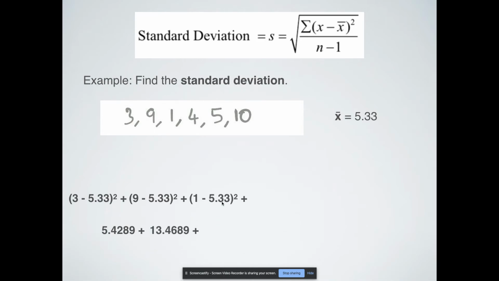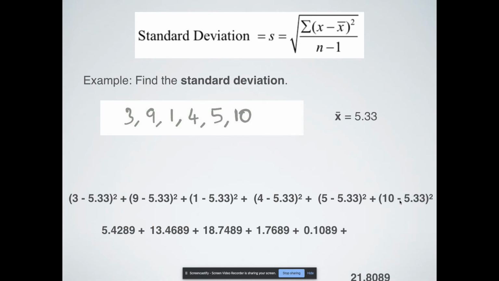Next, 1 minus 5.33, square it. Get this. Next, number 4. 4 minus 5.33 and square it. You get that. Next, 5 minus 5.33, square it. You get that. Last one, 10. We get this. So this entire thing, when we add them together, gives us this entire top term, 61.333.